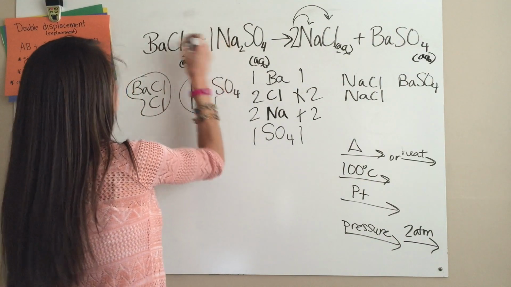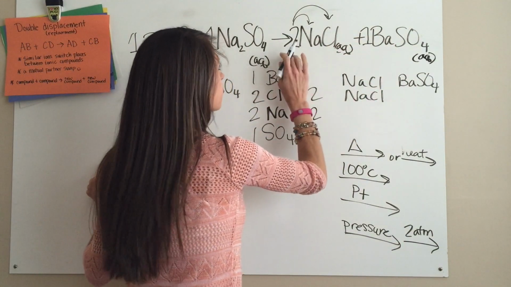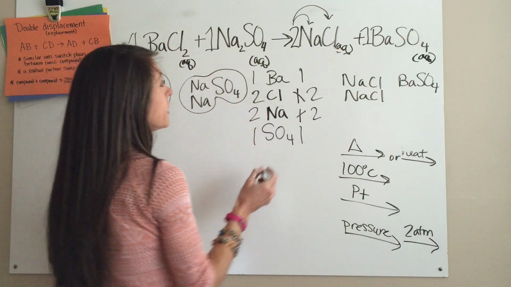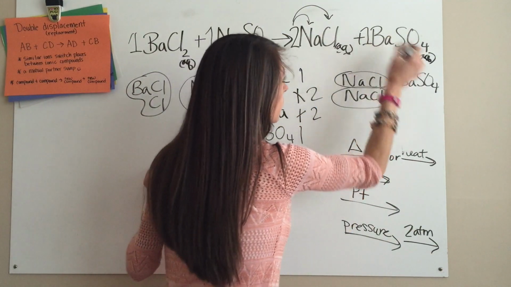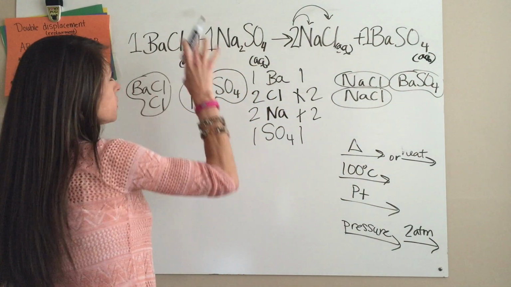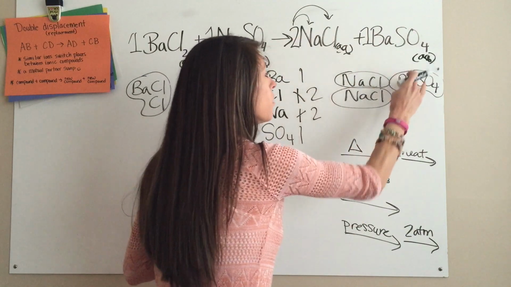Because this is a 1, there's an understood 1 here, but we don't have to write these, okay? And we did have to write the 2 here to balance it, but that means I've got 1 sodium sulfate, but then I've got 2 sodium chlorides, and then I've got 1 barium sulfate, okay? So 1 of these with 1 of these will yield or produce 2 of these and 1 of these.